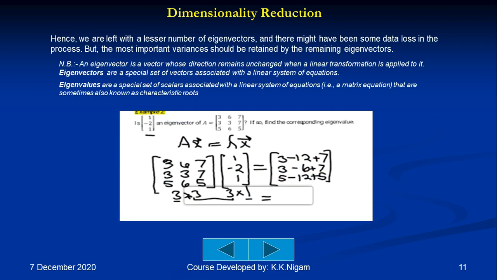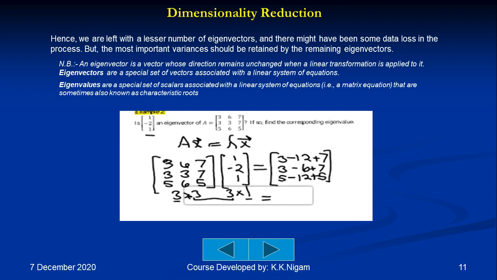Hence we are left with a lesser number of eigenvectors, and there might have been some data loss in the process. That is a possibility. But the most important variances should be retained by the remaining eigenvectors. Now note that an eigenvector is a vector whose direction remains unchanged when a linear transformation is applied to it.